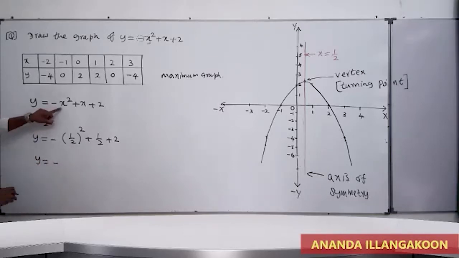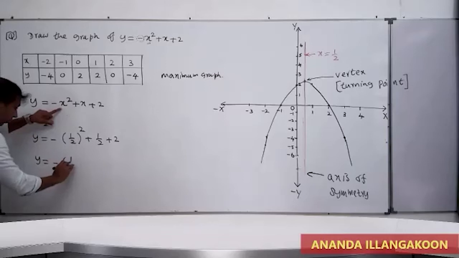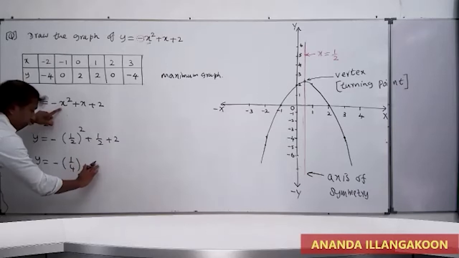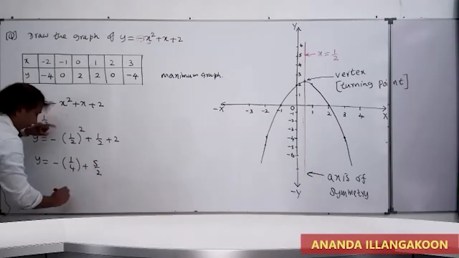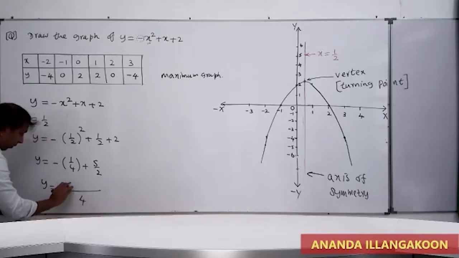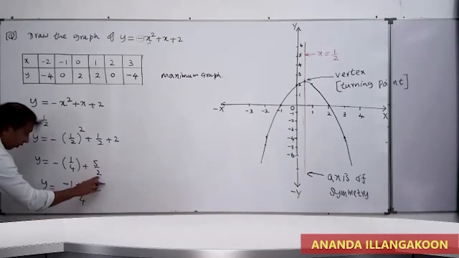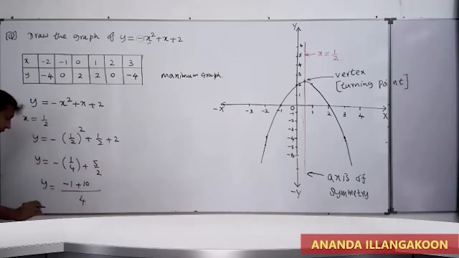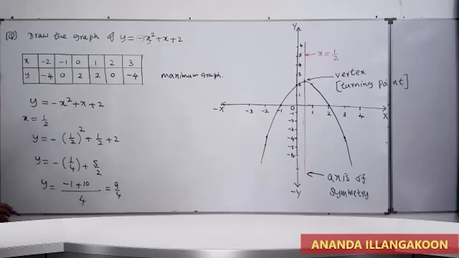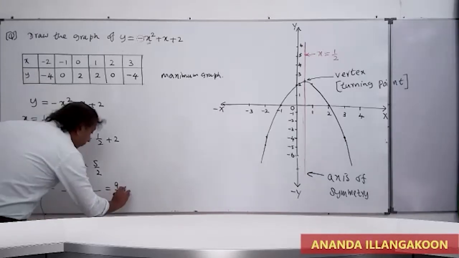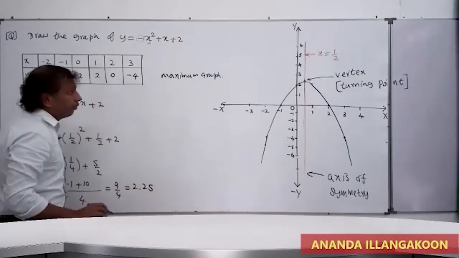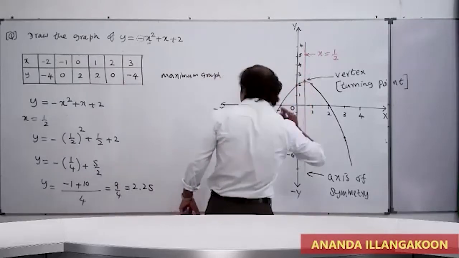Minus x squared is 1/4. Here half and 2 is 5/2. Then we write the common denominator as 4: here -1, and 5/2 multiplied by 2 gives 10/4. Then we get 9/4. It is nothing but 2.25. This y coordinate is 2.25.